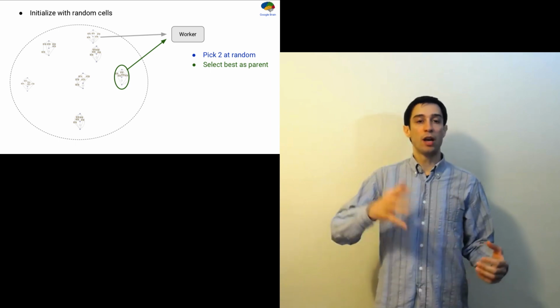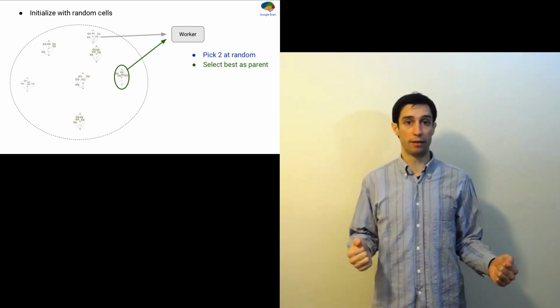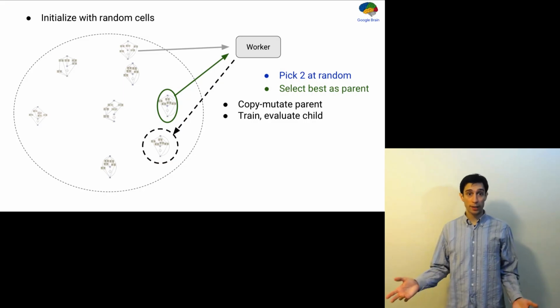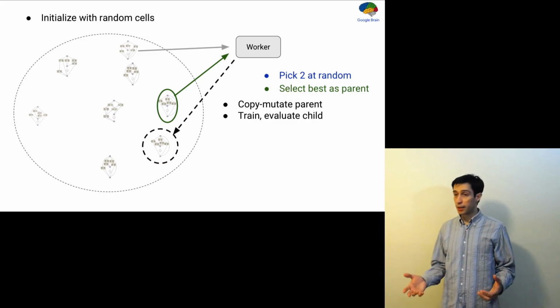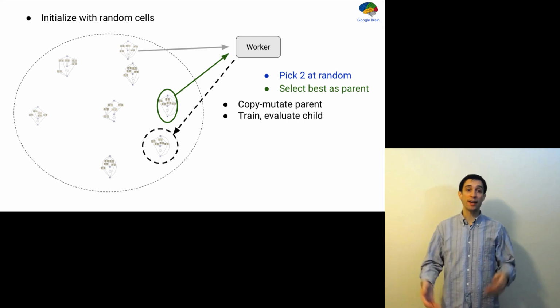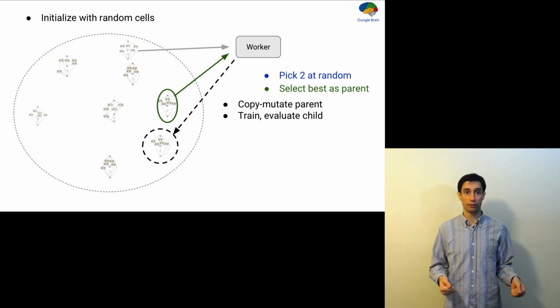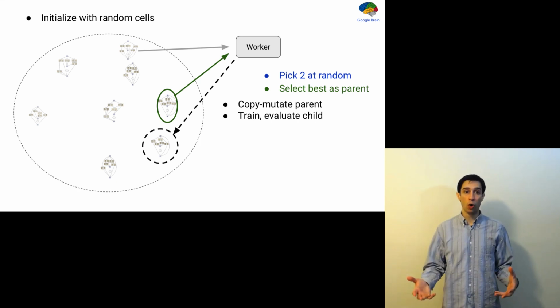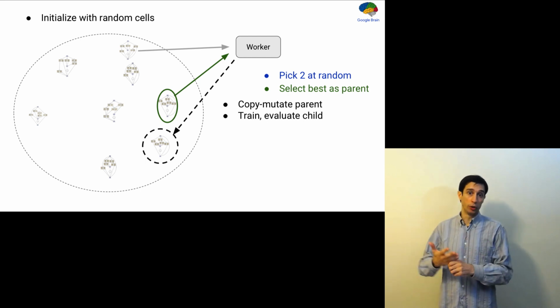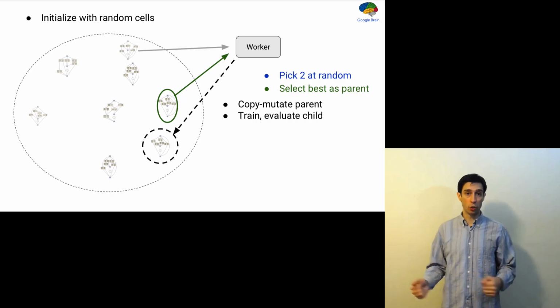This is what allows the population to get better and better as the algorithm progresses. Once the parent is selected, we copy it and mutate its architecture to produce a new architecture that then we train and evaluate on the dataset to create a new model that we call the child. This child is now put into the population. Now, I haven't told you what this mutation is. It's a rule that gives you the architecture of the child from that of the parent. I'll tell you more about it soon.